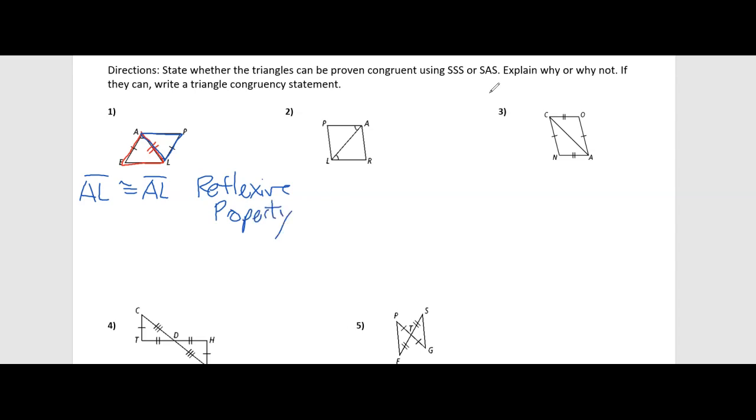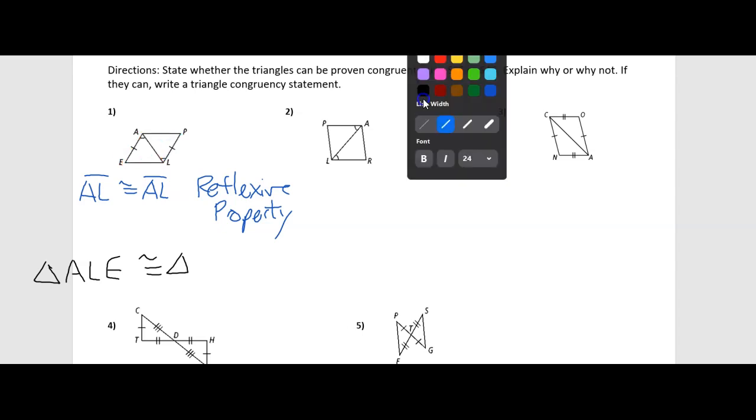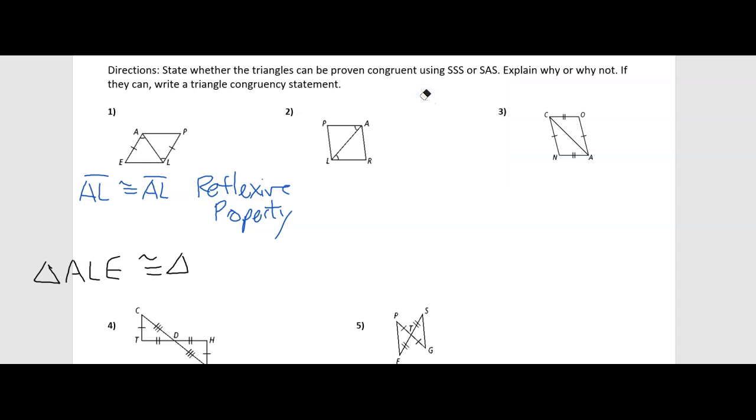Then we have two sets of sides and one set of angles, the included angle, for both of those triangles. So I can do triangle ALE is congruent to triangle. Now we have to be careful here. Maybe it's easier if I erase. Notice for the triangle below, I'm just going to point to it in red, and point to the other one in blue.